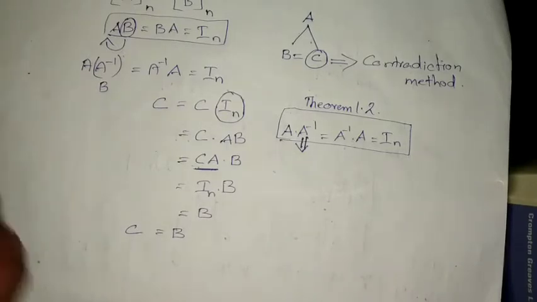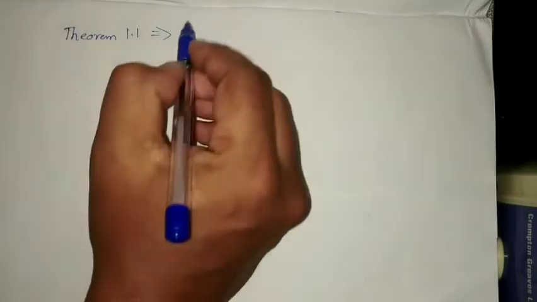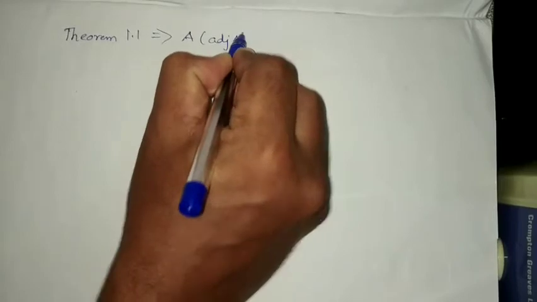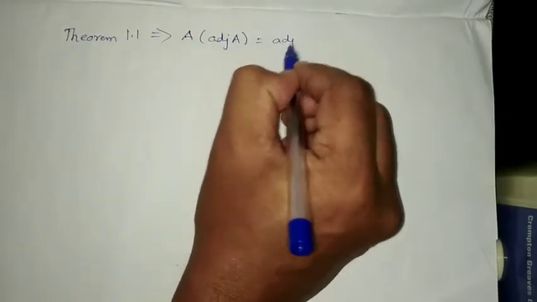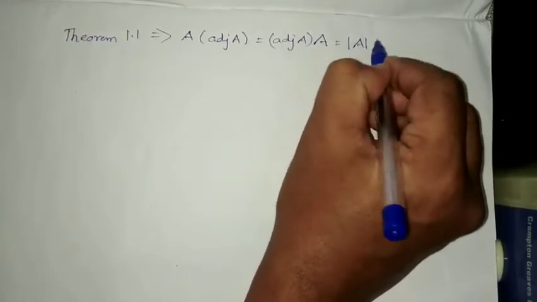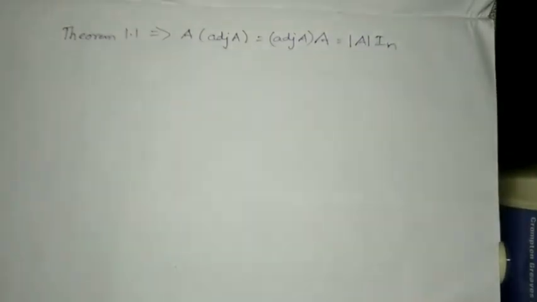Now we are going to solve theorem 1.1, which states that for every square matrix A of order n, A into adjoint of A equals adjoint of A into A, which equals determinant of A into I power n.